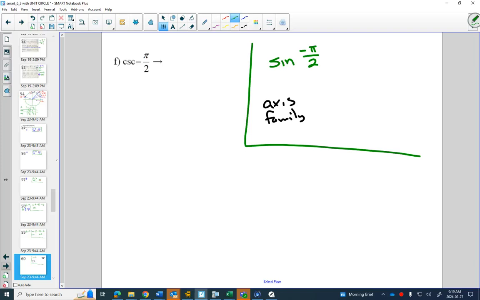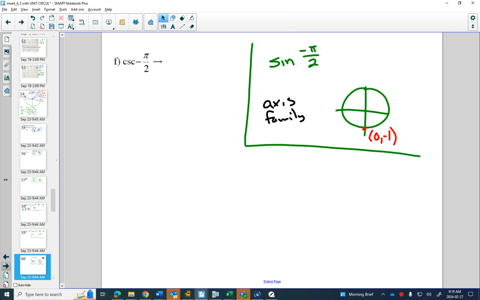As soon as you get an axes family, just think about the coordinate. The coordinate down here at the bottom, right? This coordinate right here has an x coordinate of 0 and a y coordinate at negative 1. And using the big idea that all of our coordinates on our unit circle, the x coordinate is cos theta, the y coordinate is sine theta, we would know that sine of negative pi over 2, since sine is the y coordinate, would be negative 1.